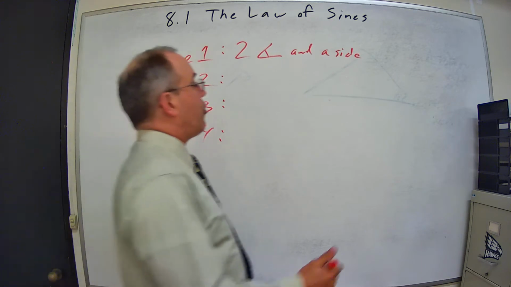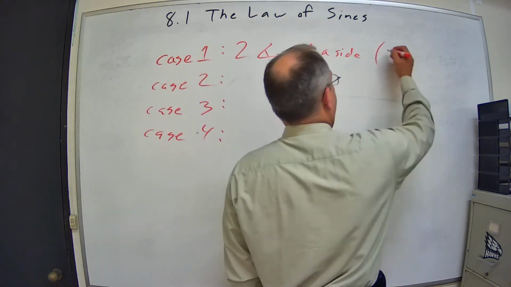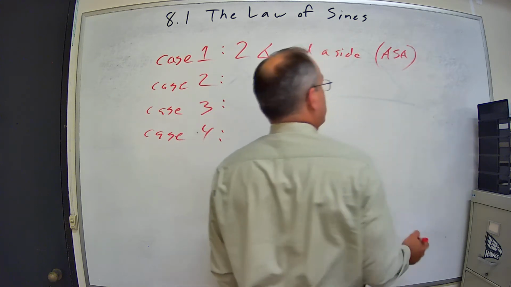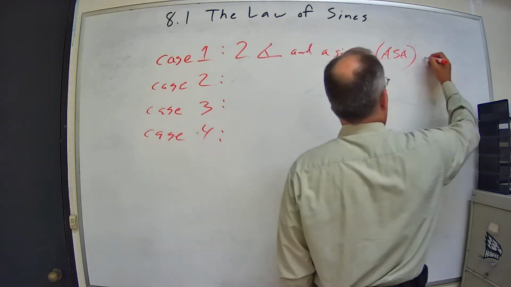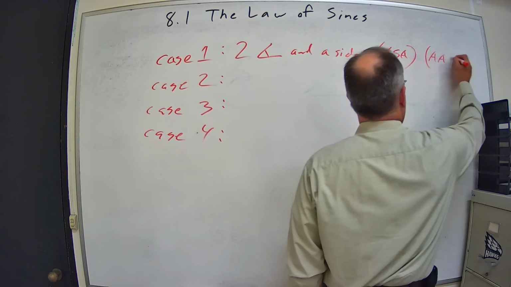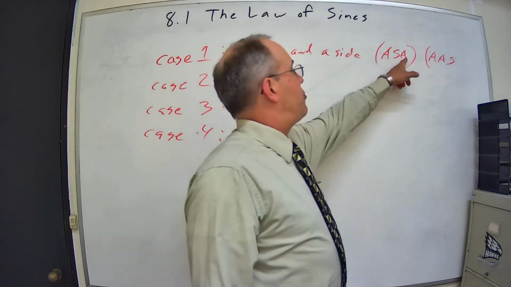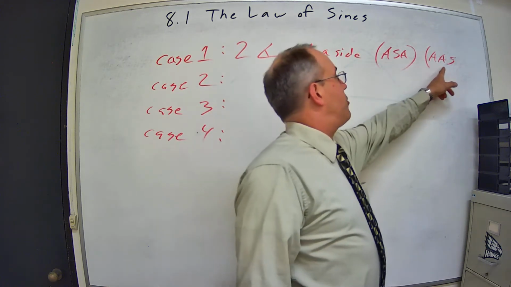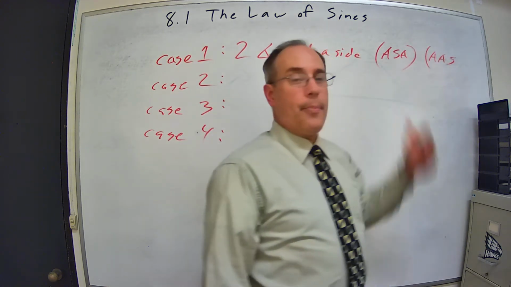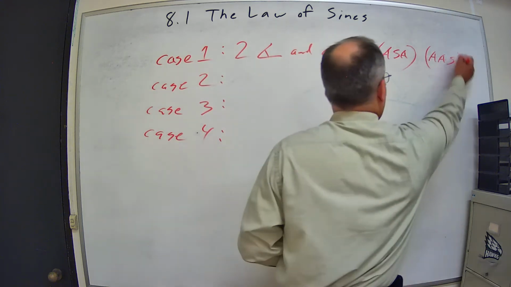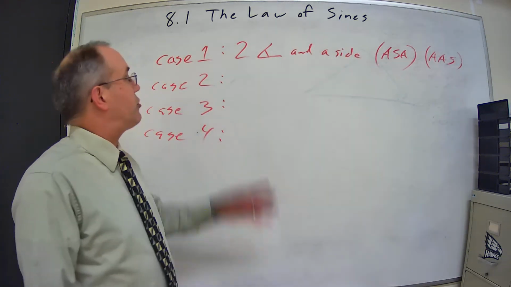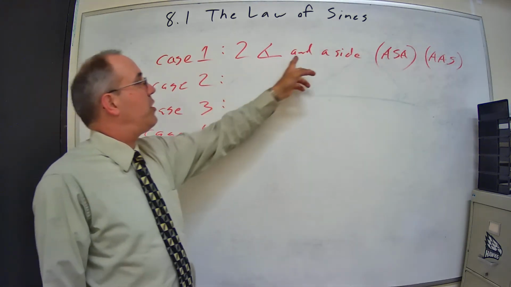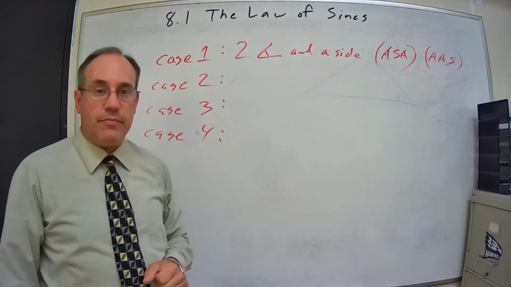We don't care which order those are in, so that may be that we have angle, side, angle, or we have angle, angle, side, meaning that we have two angles and the side in between them, or that we have two angles and the side opposite one of those angles. Don't forget to close my parentheses there. So those are my two possible things that can happen in this case where I have two angles and a side.